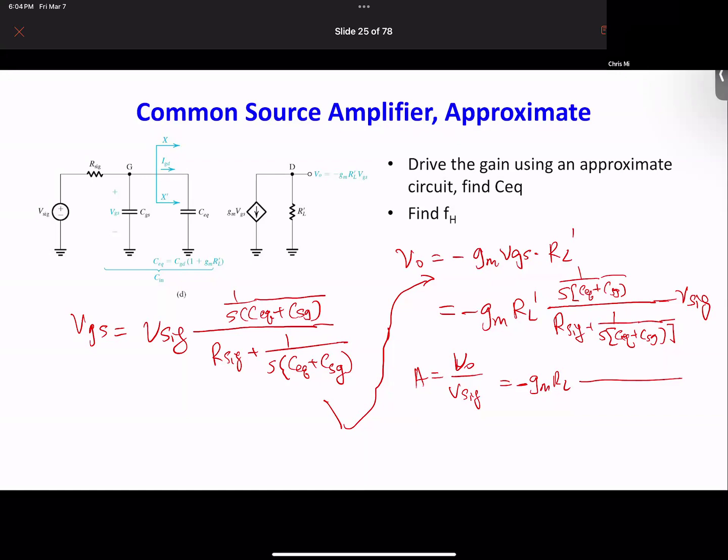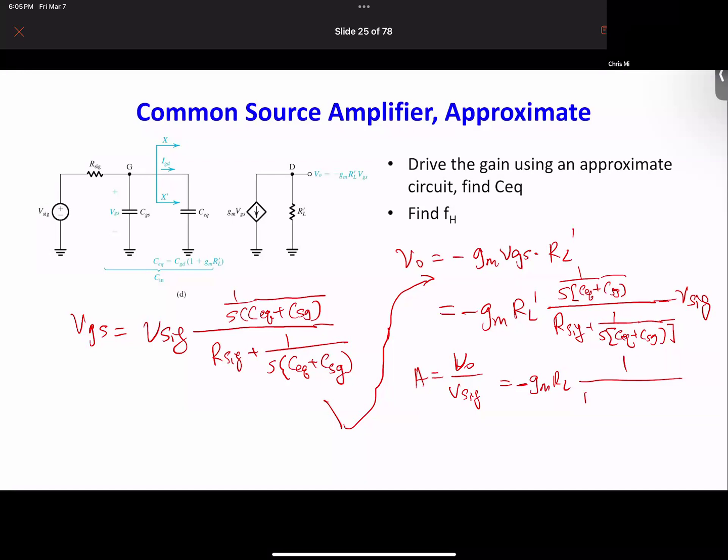What happens when frequency is high? When frequency is high, this gain starts to change, and then your gain starts to decrease. So what I want you to do is use some symbols to represent this. I'm going to simplify this one by multiplying by S C equals C pi on the bottom and the top.